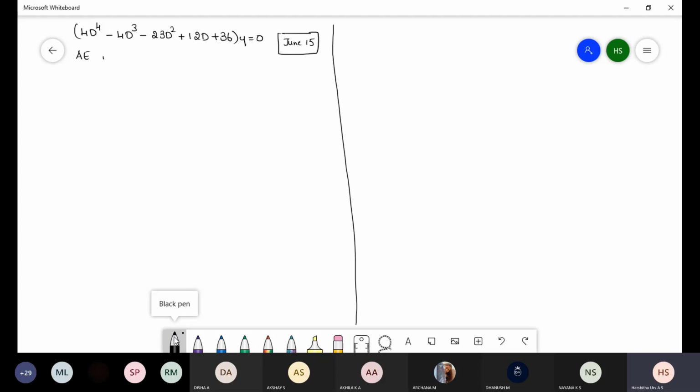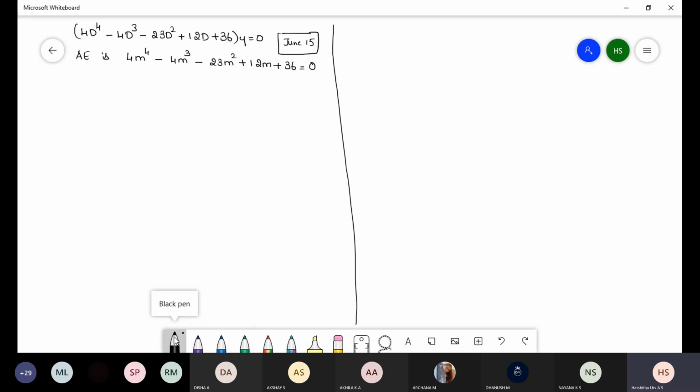The auxiliary equation is 4m power 4 minus 4m cube minus 23m square plus 12m plus 36 is equal to 0. This is the auxiliary equation, where in the place of D we are writing m.